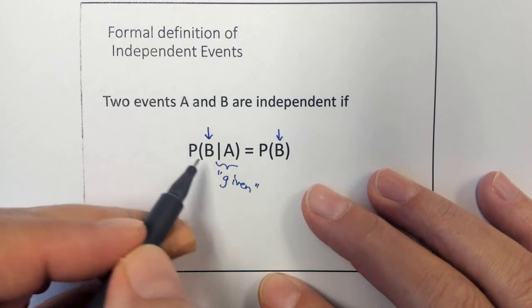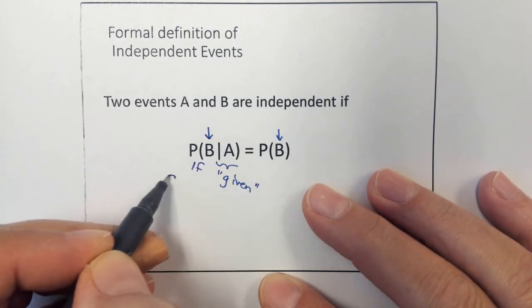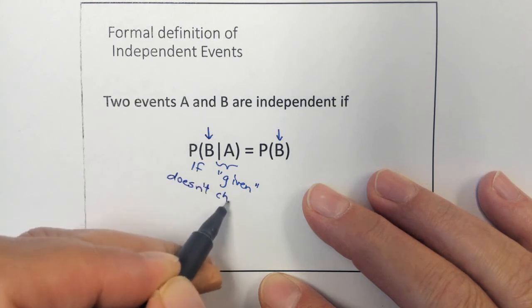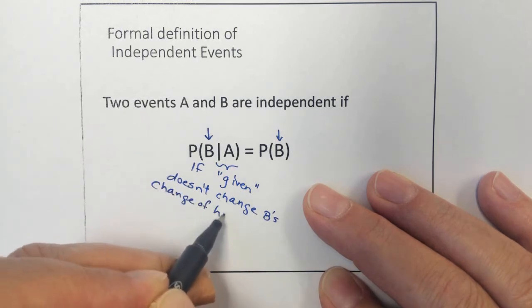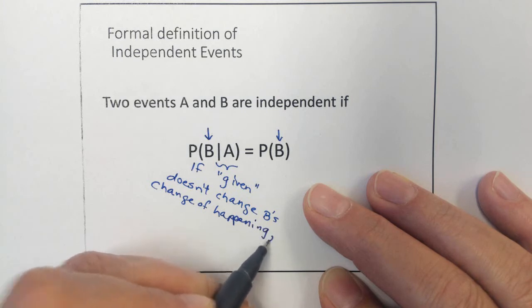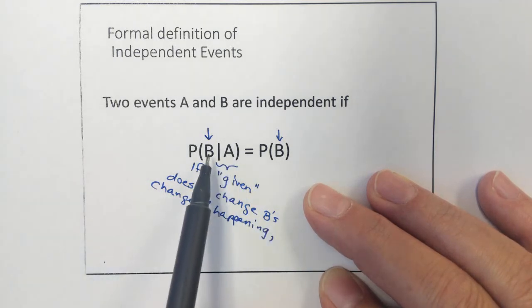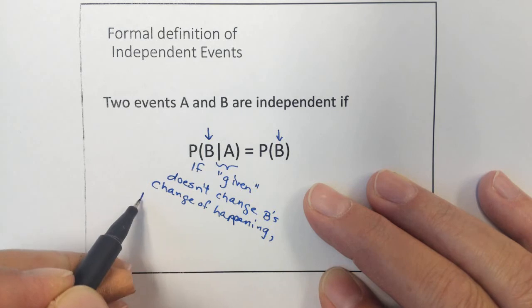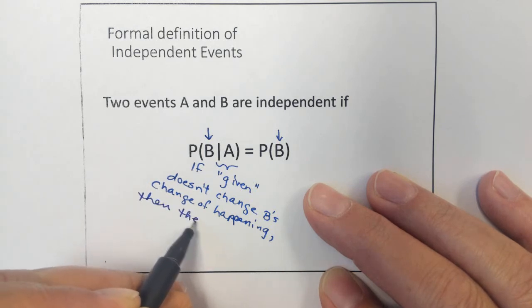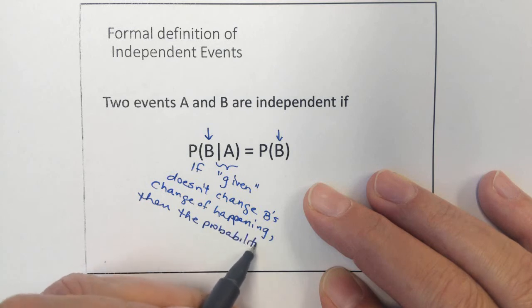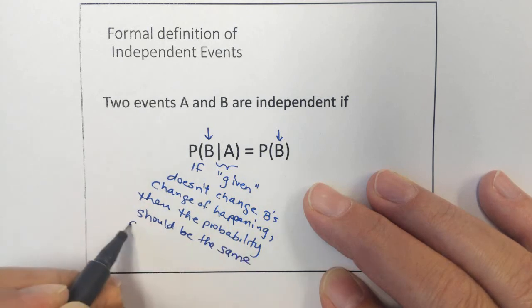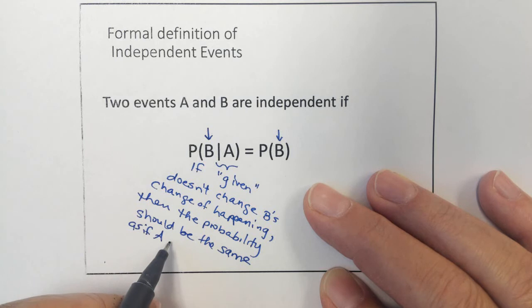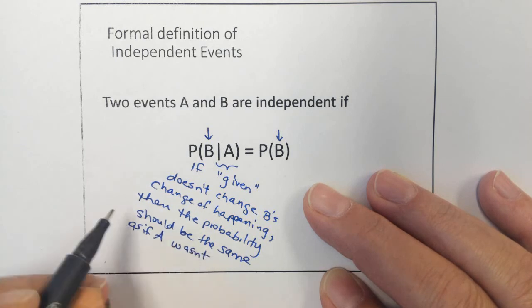So if the given doesn't change B's chance of happening, in other words, if A occurring does not change the probability of B, then the probability should be the same as if A wasn't considered.